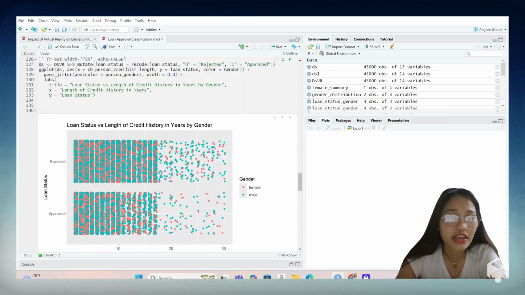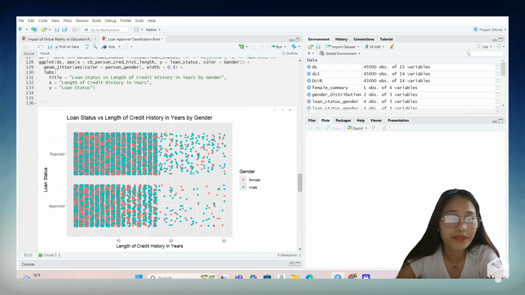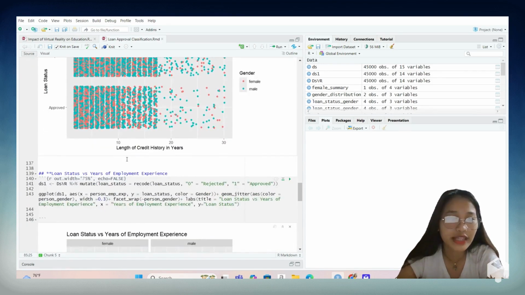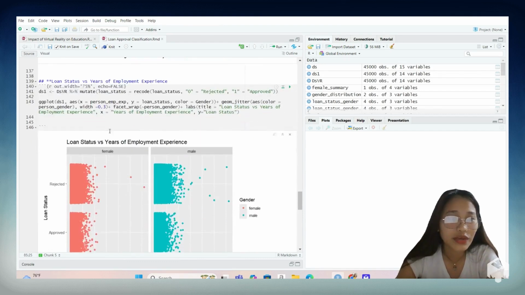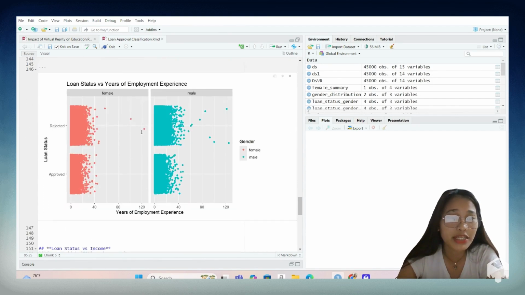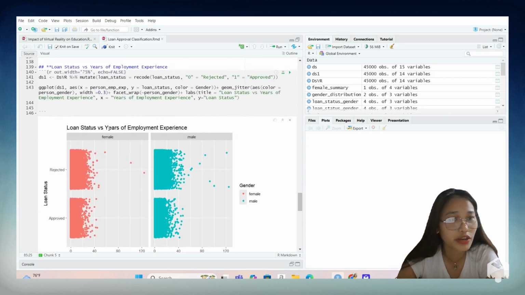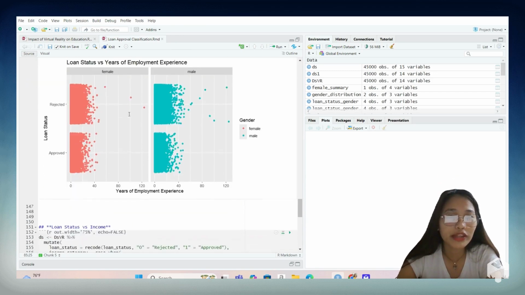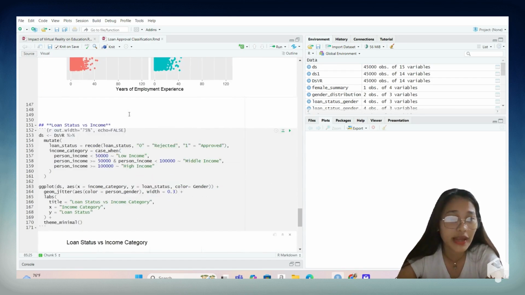So this is the visualization of this data. And next we have the loan status versus years of employment experience. I've also used the Geom Jitter here, and I also mutated the loan status for better visualization of the data.